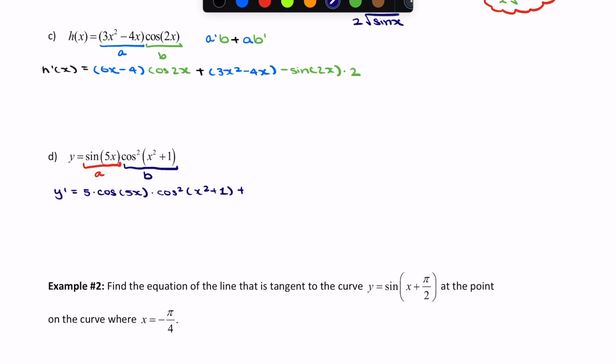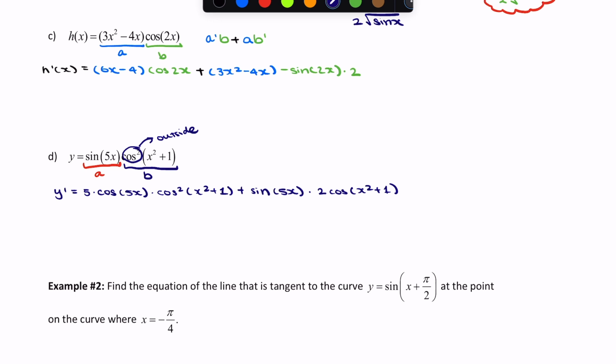So we have sine 5x. And then here, cos squared x squared plus 1. So cos squared, this part is considered the outside, and then we have to derive the inside. Okay, we get multiplied by 2 cos x squared plus 1.